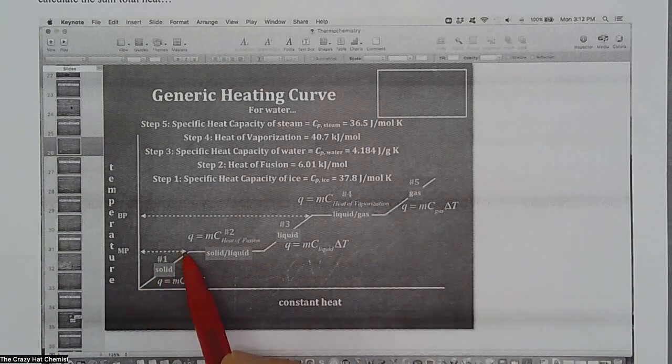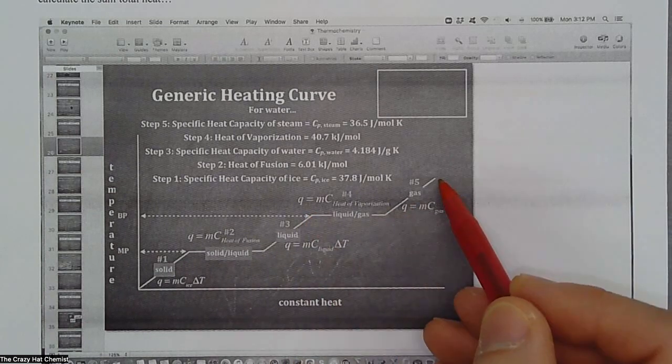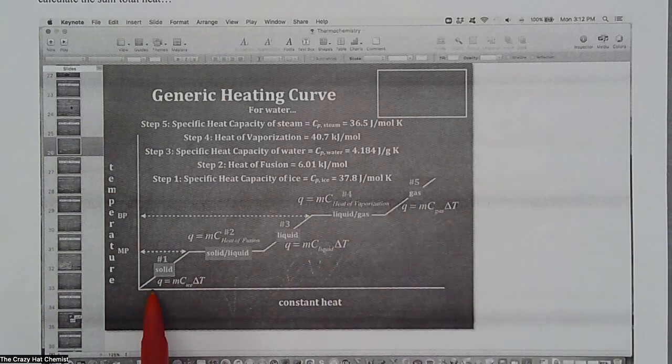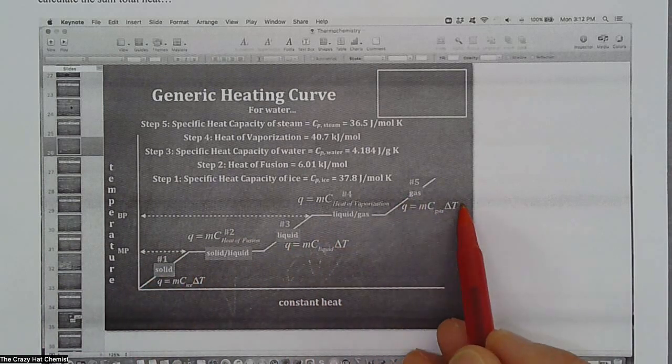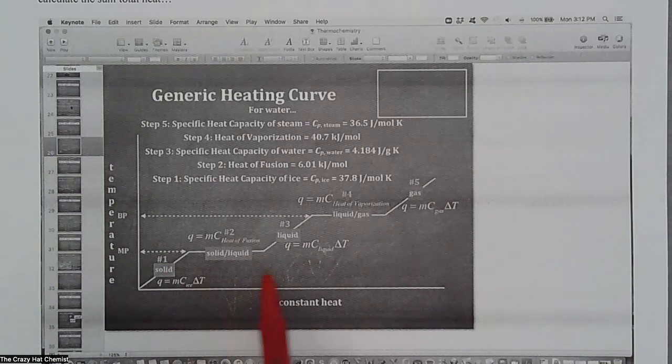For the solid, the liquid, and the gas, the equation has a change in temperature in each of those three sections, because you can see that there is actually a change in temperature.